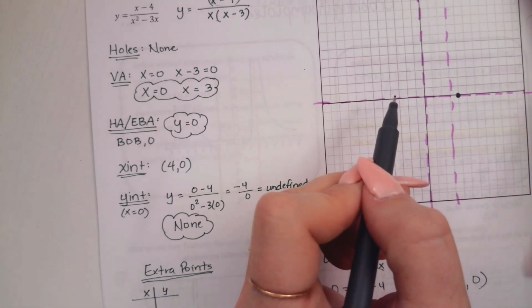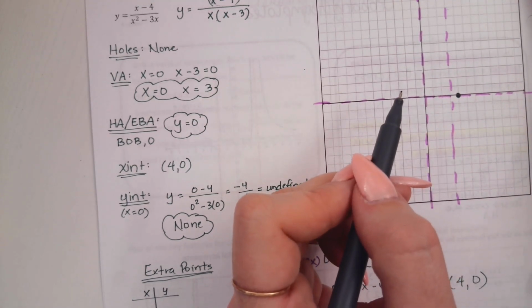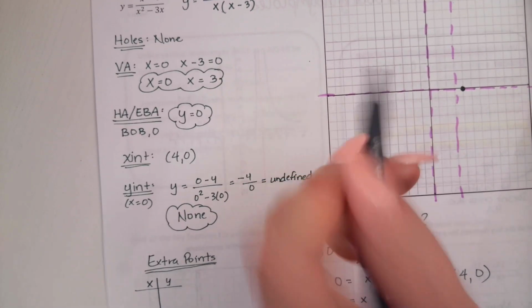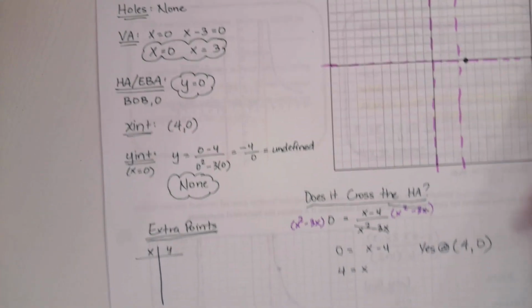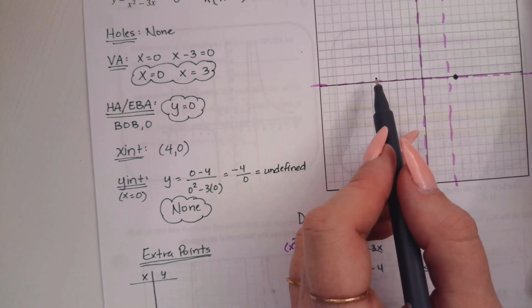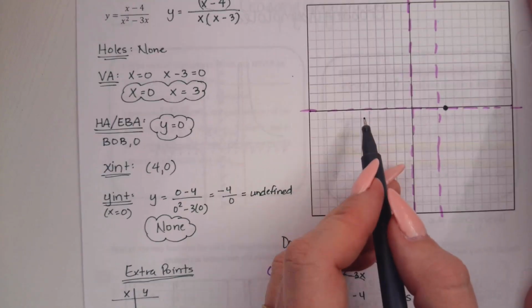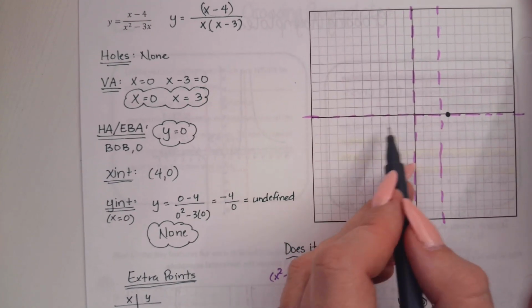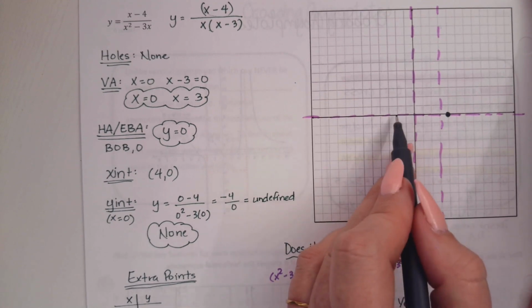Negative 5? You already did that one? Negative 6? Why are we picking such weird numbers? I like to stick close to the asymptote. Like negative 1, negative 2.